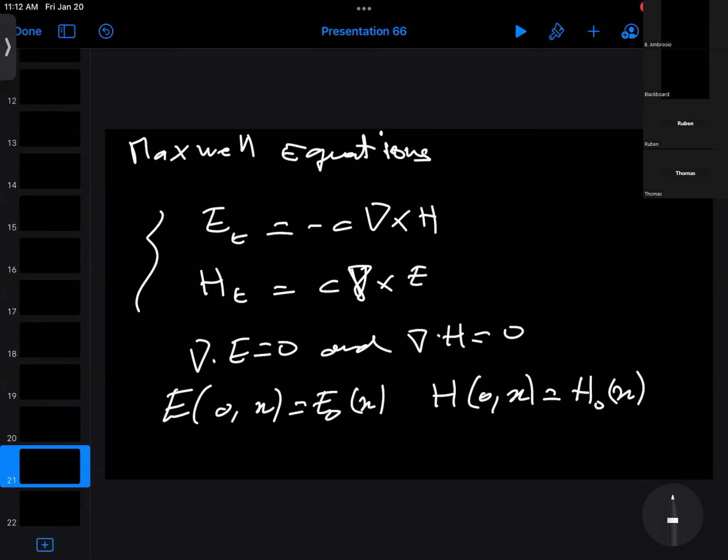So what you are considering as operator A, it's this one. Okay, so you will say A of (E, H) is (minus C curl of H, C curl of E).